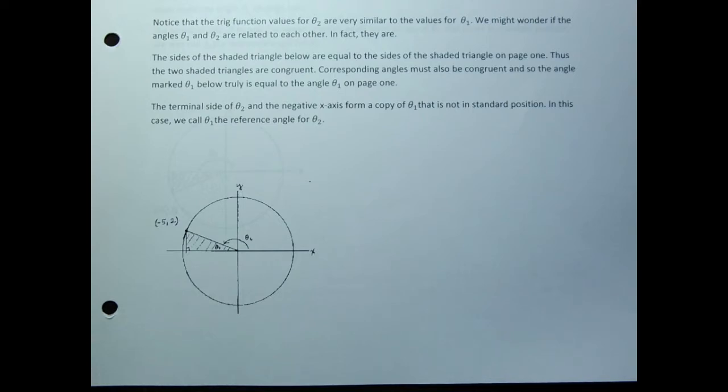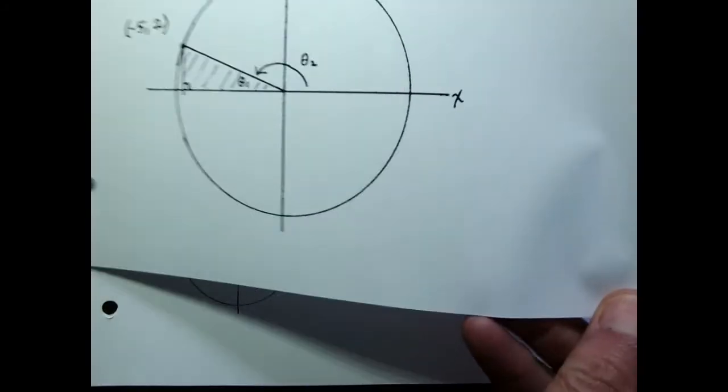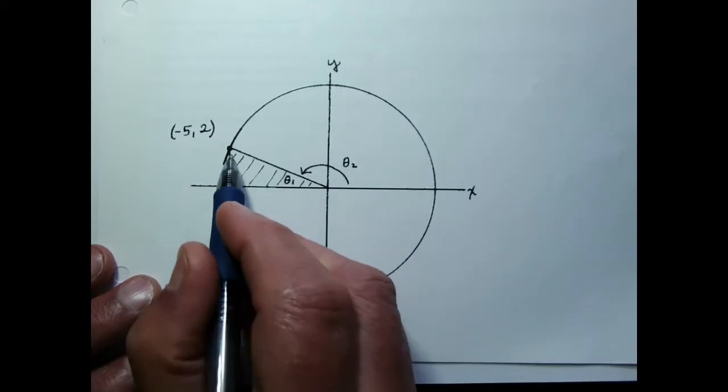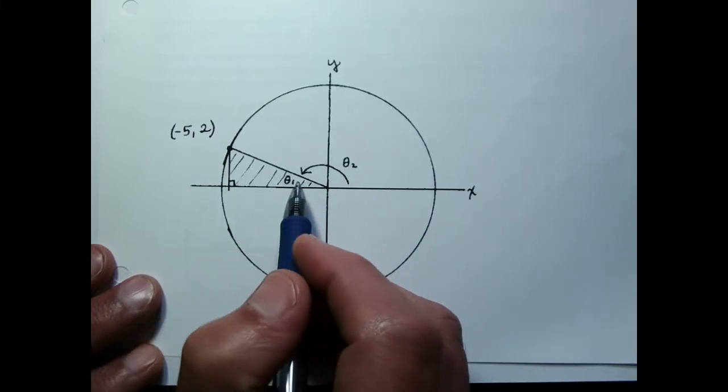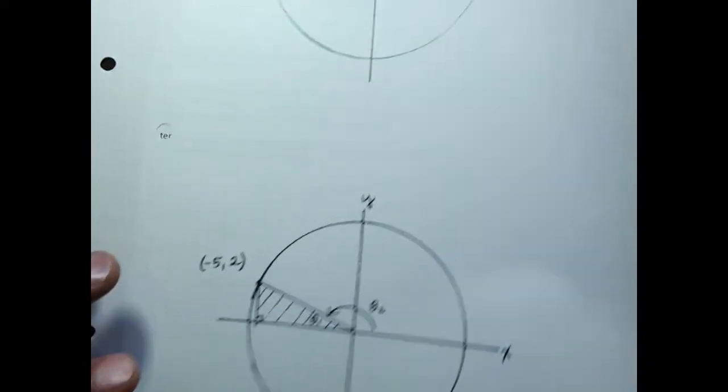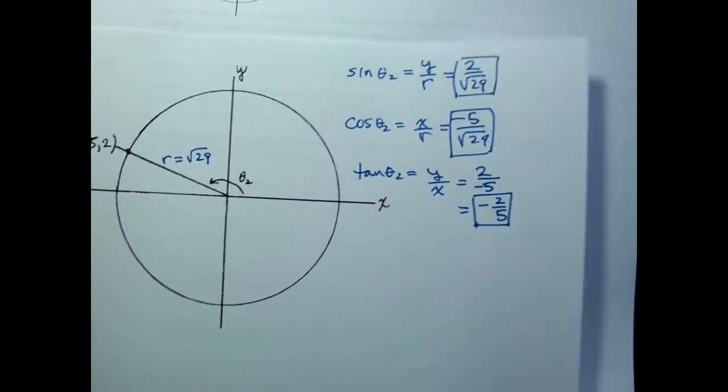And I want you to look at a certain triangle in this picture. Now, the right triangle is shaded, and it does not include angle theta 2. So we were interested in the trig function values for theta 2.